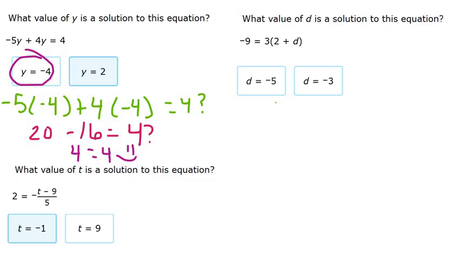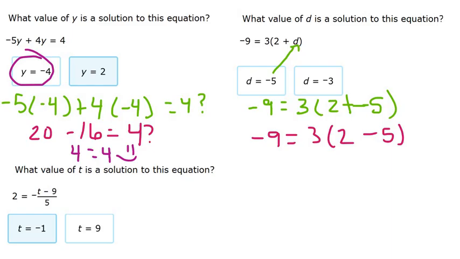For the next one, we'll try negative 5 first. So we're going to just replace that number in for the letter. So does negative 9 equal 3 times the quantity 2 plus a negative 5? And when you're adding a negative number, that's the same thing as just subtraction, so I'm just going to rewrite it without it. 2 minus 5 is a negative 3.